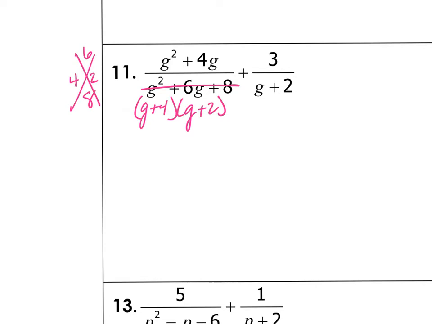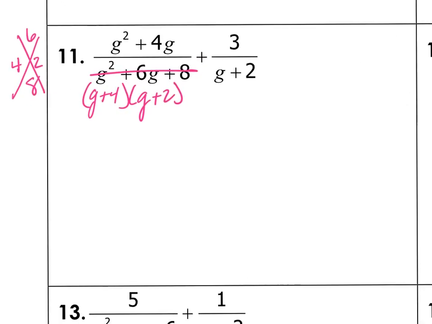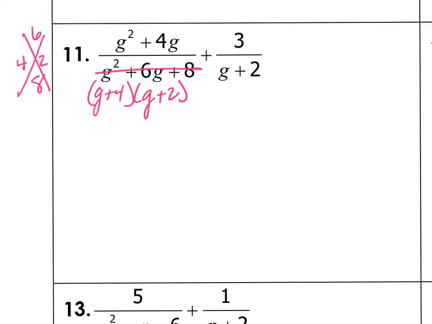So that is gone. And so my common denominator is going to be, I need everything that's in this one. So I need a g plus 4. And I need a g plus 2. And then is there anything in this one that's not already in this one? Well, no, there isn't, because I already have a g plus 2.